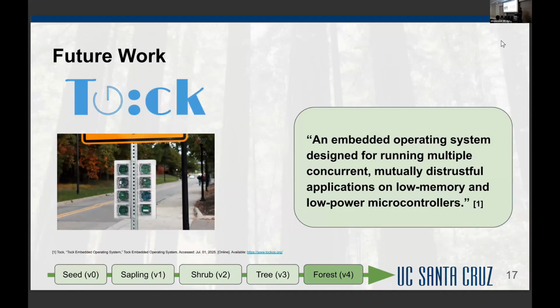So what are we doing in the future to continue the sustainability of ENTS? Right now, we're looking to migrate some of the code base over to, or integrate, a larger project into ENTS called Tock, which is an embedded operating system primarily built around security that was originally used in that Signpost platform that I showed earlier, but has kind of fallen off in terms of wireless sensor network usage.